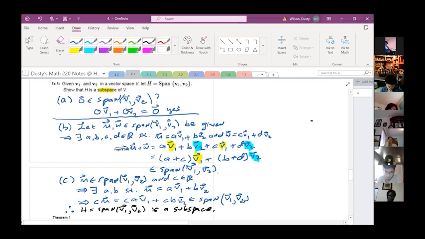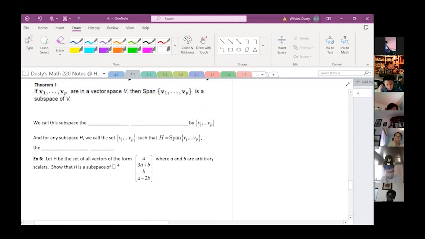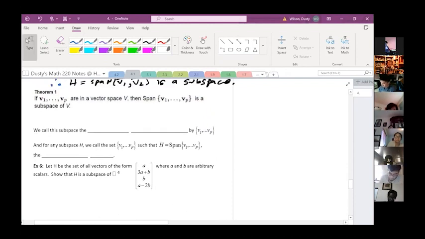And so this next theorem says that very thing. It says that if V1 to VP are in a vector space V, then the span of a whole bunch of vectors is a subspace of V. In our last example, we just had P was 2, so it was just V1 and V2, but now you could have a whole bunch of these.